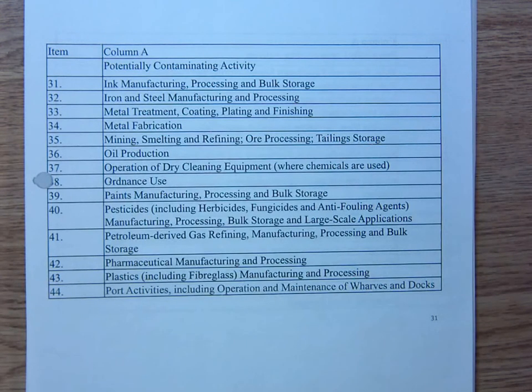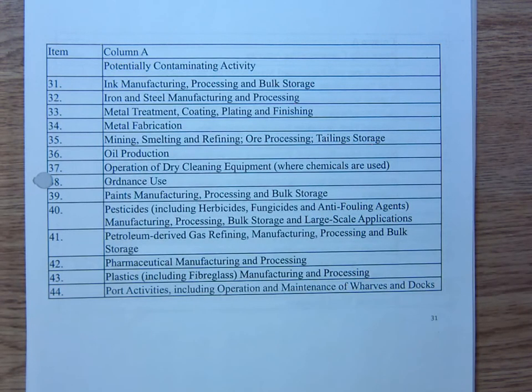Oil production, operation of dry cleaning equipment, right, when the chemicals are used. Ordnance use, if you have paint manufacturing, pesticides manufacturing. Again, this is not part of the agriculture directly, but the manufacturing, processing, bulk storage and large scale applications.